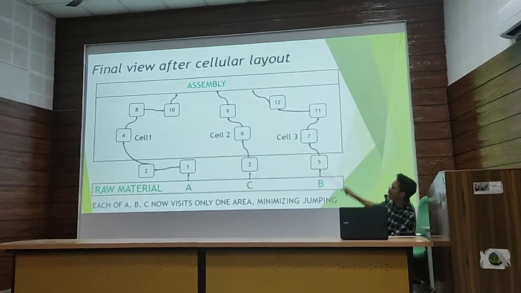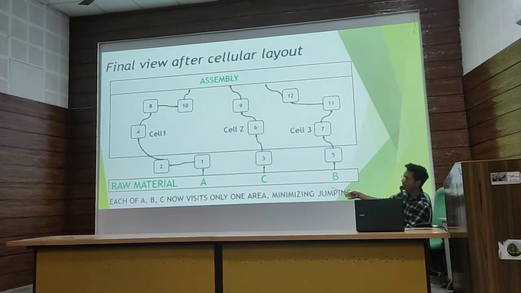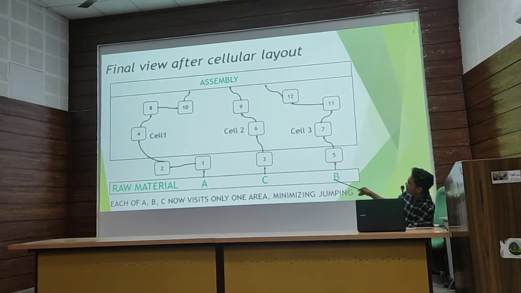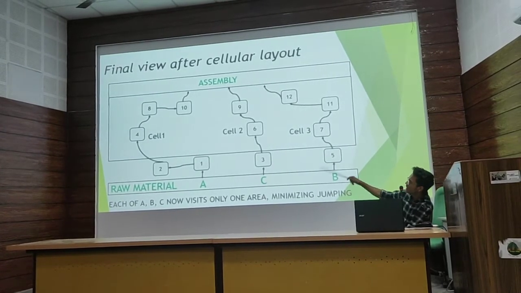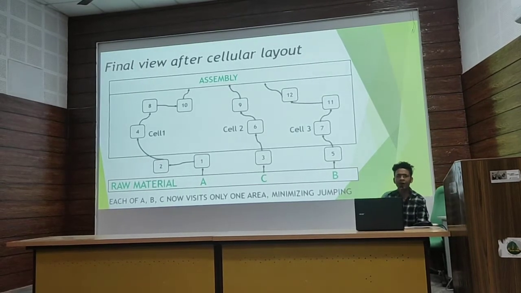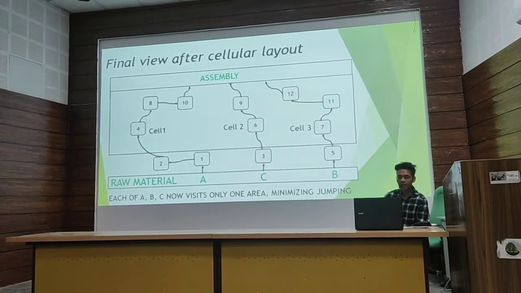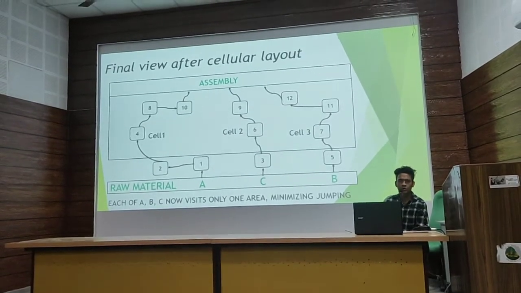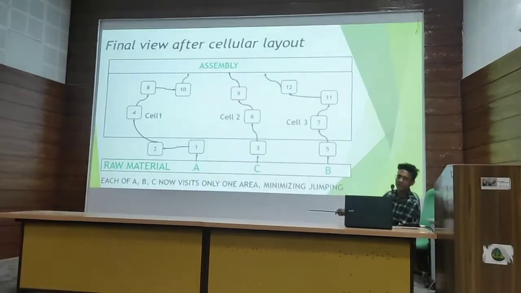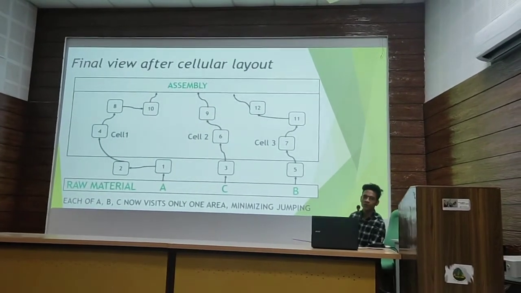So this is the final view after the cellular layout. Again, I have taken only 3 examples of raw materials, A, B, and C. In cell 1, A goes through the first machine, then second, then fourth, then 8th, then 10th, and at the end it assembles. If we remember our first slide of the example, there were many complications because the parts were going through different parts and long routes. But here we have assembled it in one form, in one cell, so that there may be fewer complications and more productive work could be done.